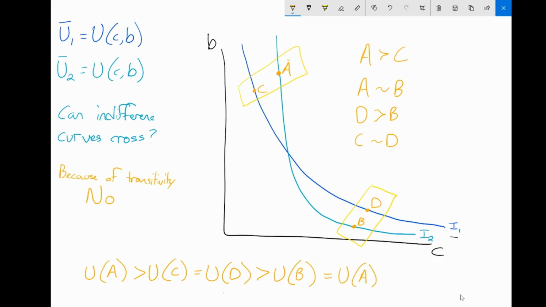Does this violate transitivity? Well, I think it's pretty clear that it does, because it would imply this.